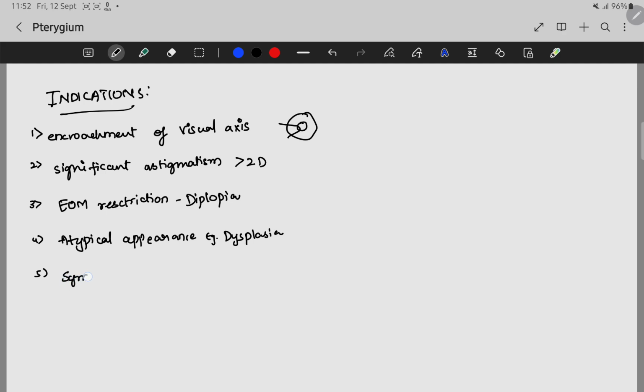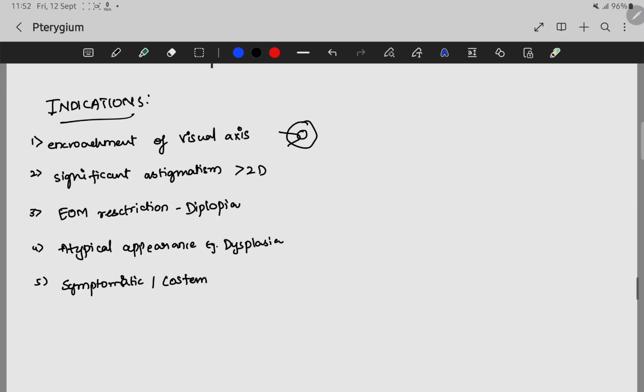There are symptoms, that is pain, redness, watering, or there is a cosmetic concern. So these are the indications of surgery.